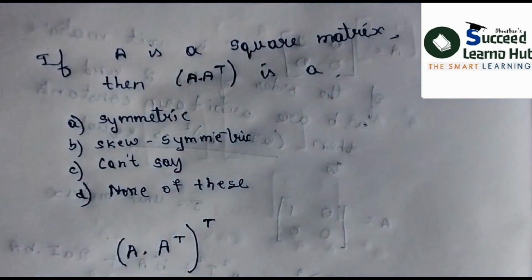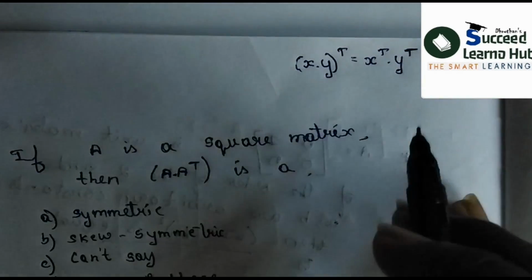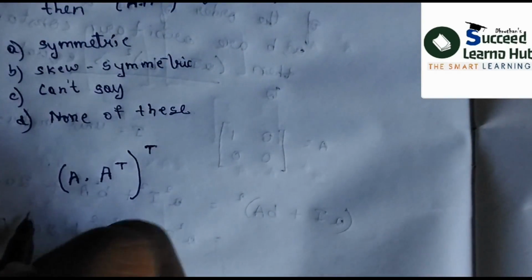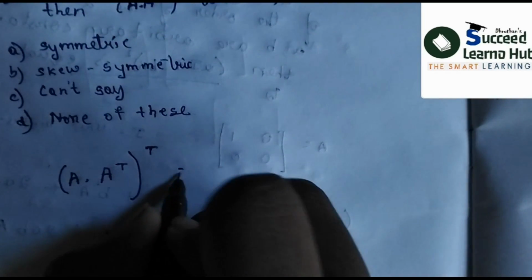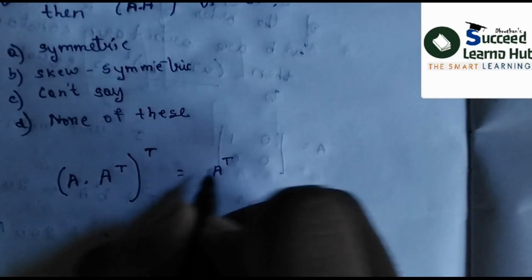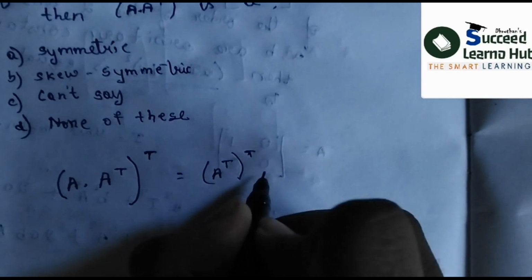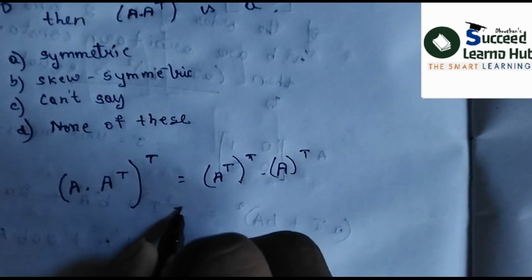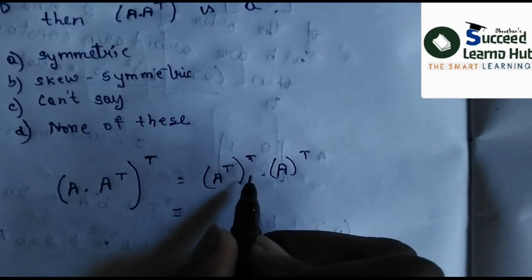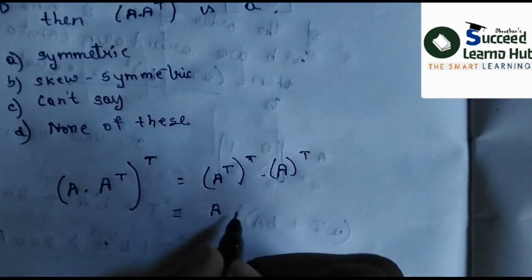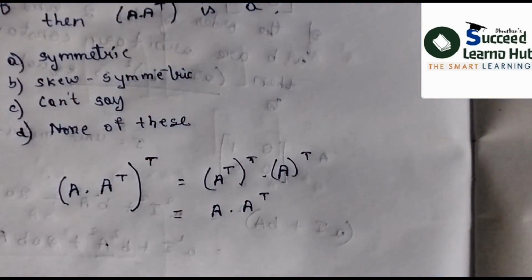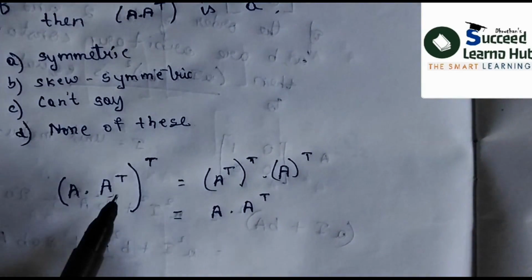We remember a formula that (x into y) whole transpose is equal to y transpose into x transpose, which means here (A into A transpose) whole transpose is equal to (A transpose) whole transpose into A transpose. Here (A transpose) whole transpose is nothing but A itself, so it is A into A transpose, which is the same as the original matrix.